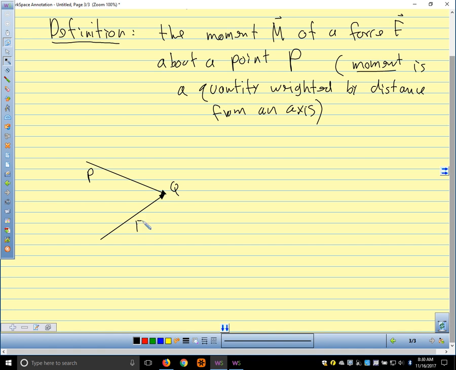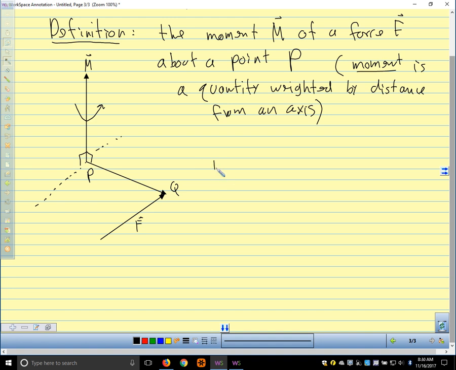And this is F. Our torque is going to be orthogonal to PQ and to F. So this dotted line is parallel to F. So we're orthogonal to both of those. And that is our torque. And this arrow shows the direction that thing is going to tend to rotate if we push on it with that force.